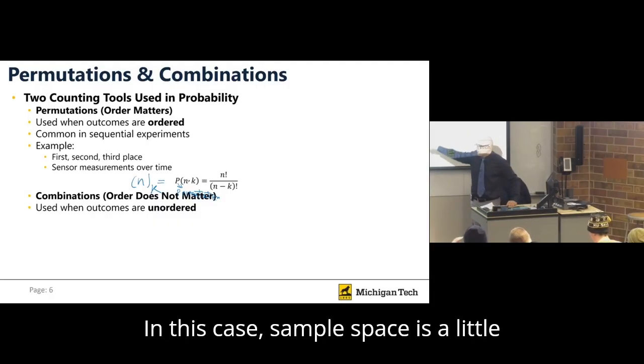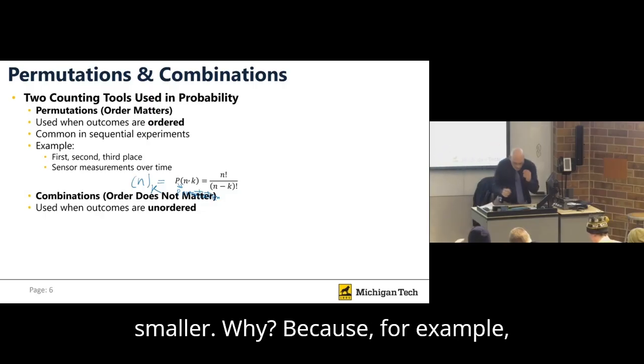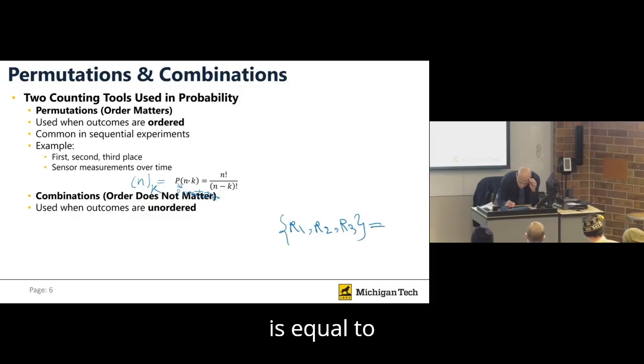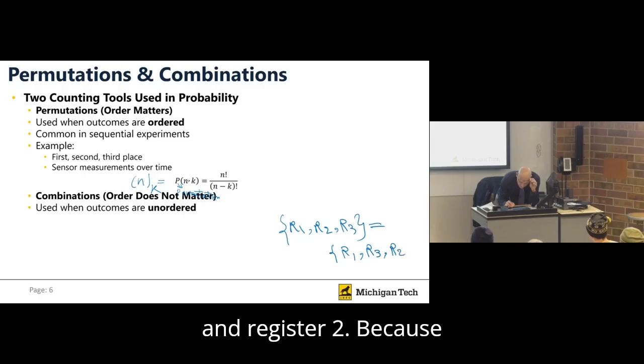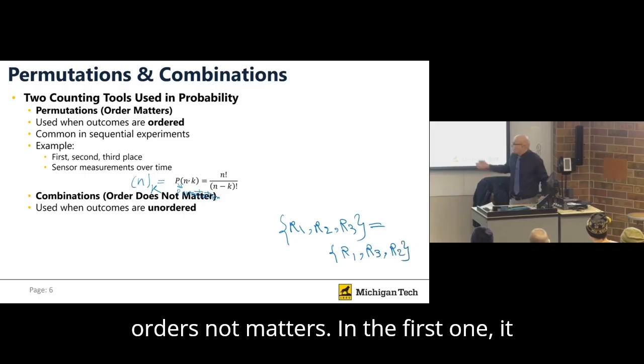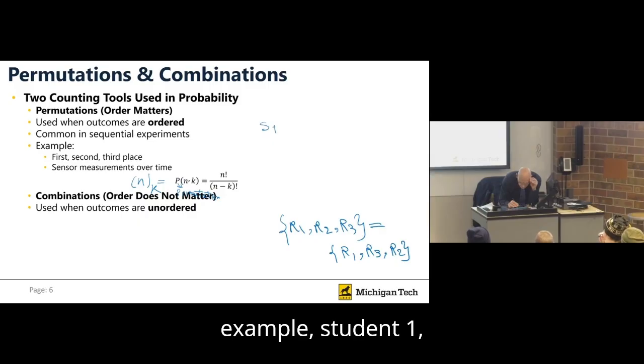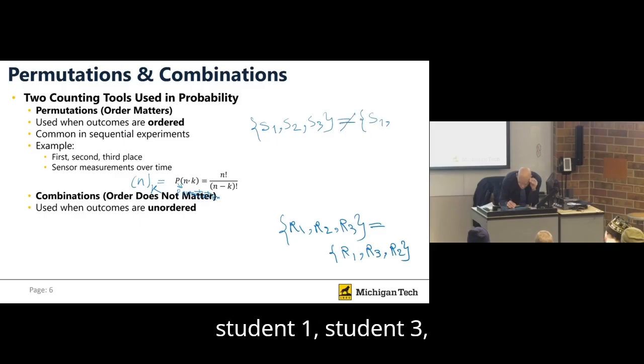In this case, the sample space is a little smaller. Why? Because, for example, resistor 1, resistor 2, and resistor 3 is equal to resistor 1, resistor 3, and resistor 2, because order does not matter. In the first one, order matters. So if order matters, for example, student 1, student 2, student 3 is not equal to student 1, student 3, student 2.